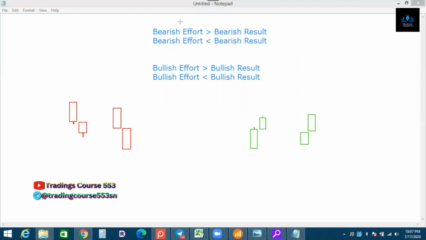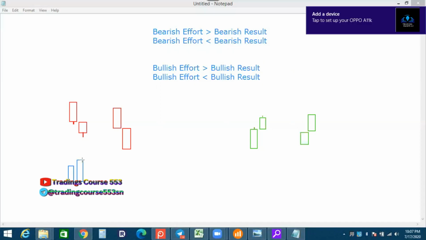So what will be the volume? The volume, like this candle has a small decreasing volume and this candle has an increasing volume.